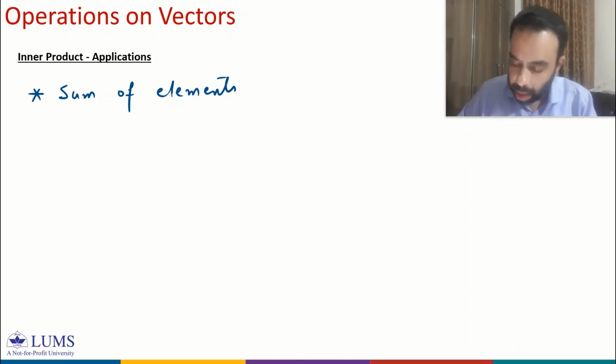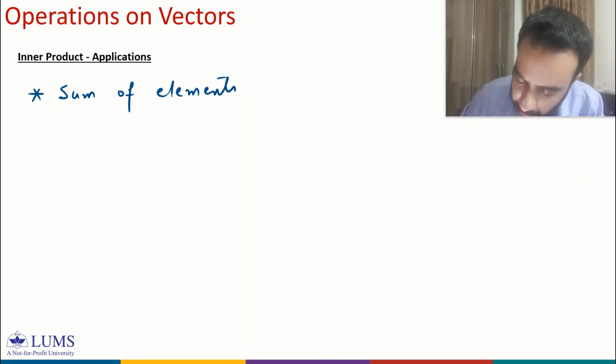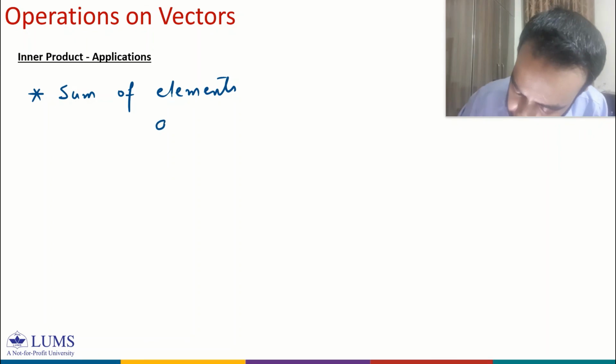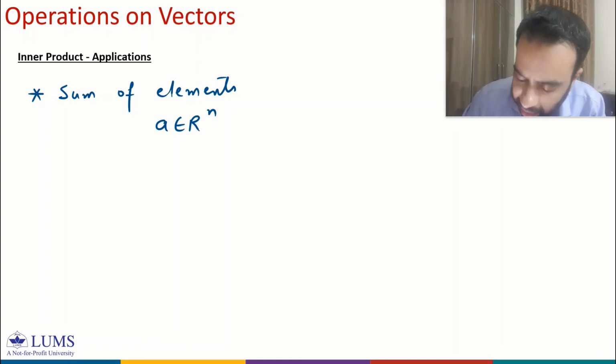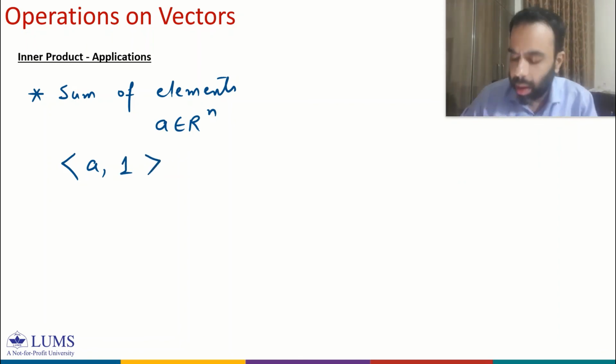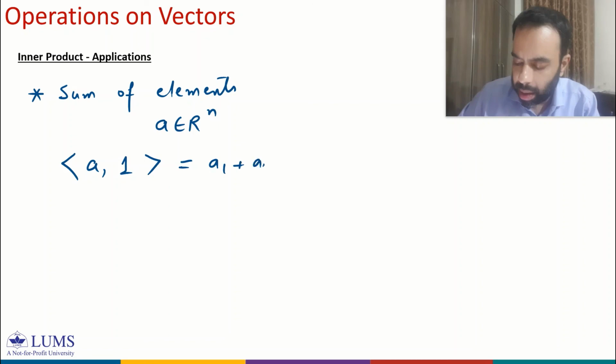So see, you have vector a that belongs to Rn. You can take a sum of the elements by simply taking inner product of a and 1. And what you get is a1 plus a2 and so on. Okay, so this was very simple, right?